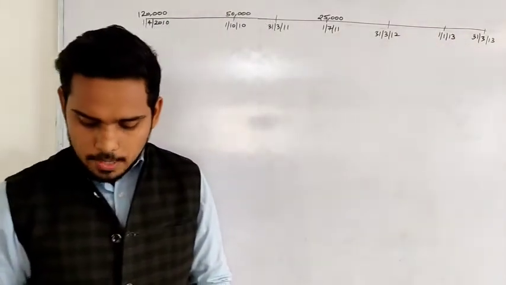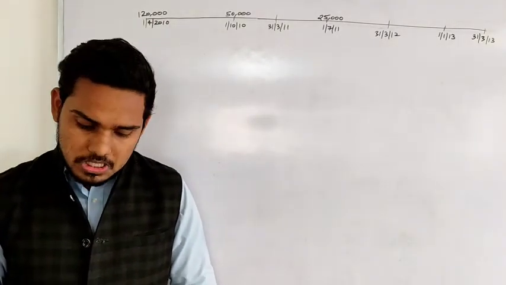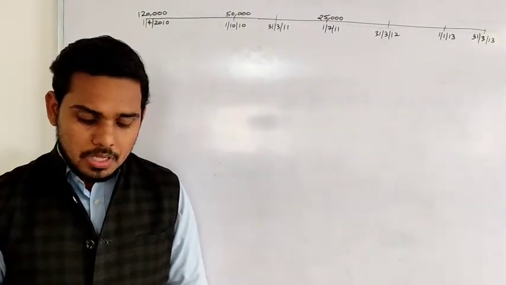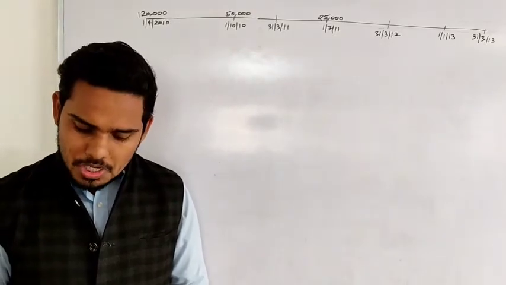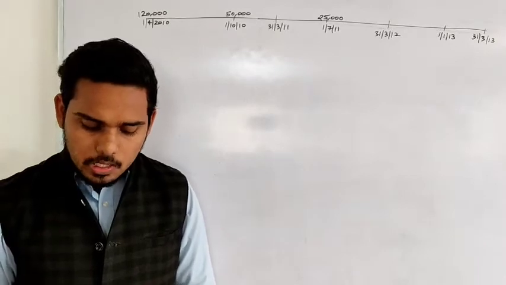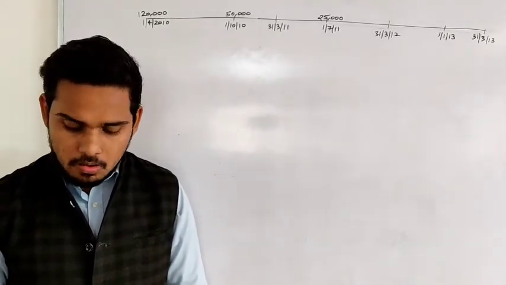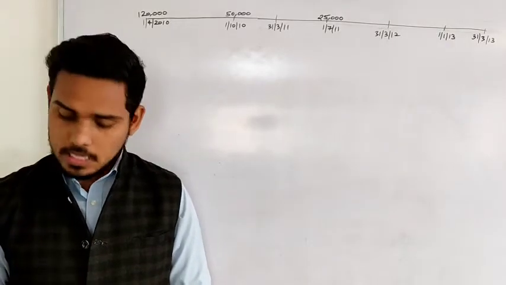So let's see what is happening on 1st January 2013. It is given that on 1st January 2013, a machinery of the original value of 20,000, which was included in the machinery purchased on 1st April 2010, was sold for 6,000.